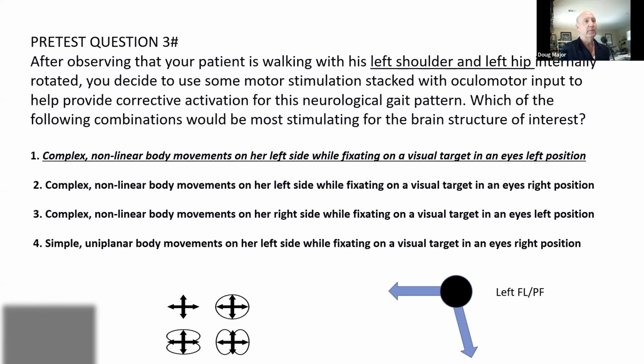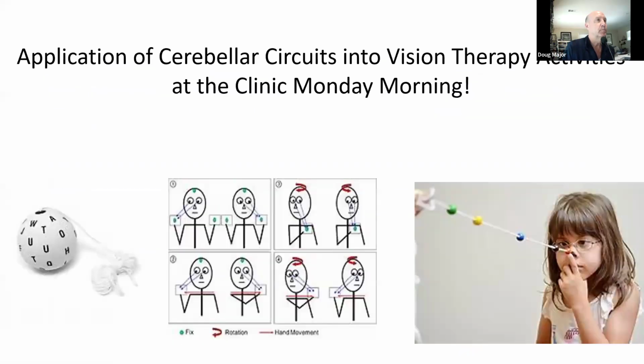Because the pursuit is on that side, the flocculus is looking to the left. So we're fixating to the left as we're doing complex left activities, which will help stimulate that area of interest. And that's it.